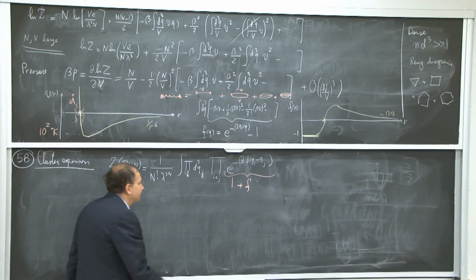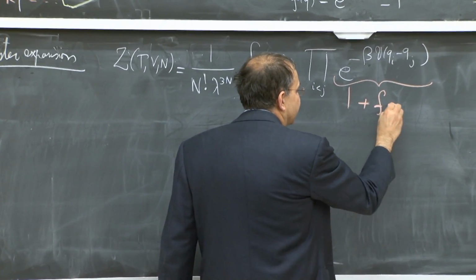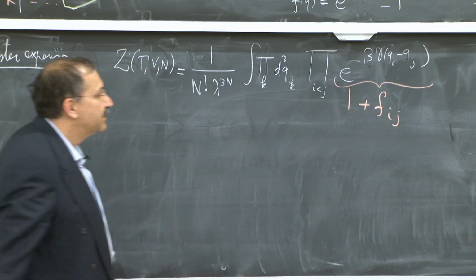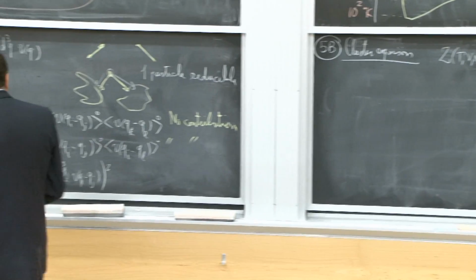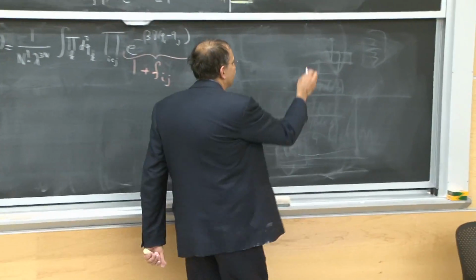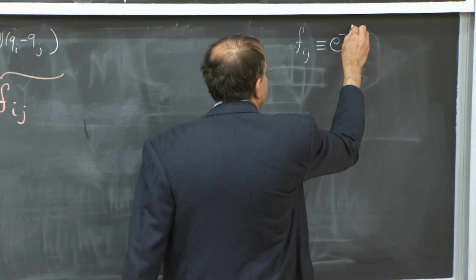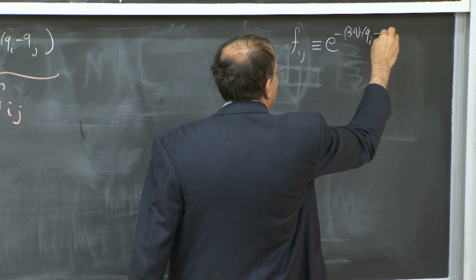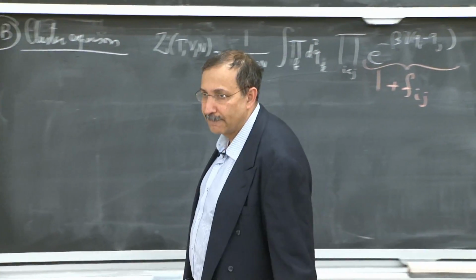And again, I can either write it as vf of qi minus qj, or simplify my notation and write it as fij. So fij means, so let me maybe write it here. Fij I have defined to be e to the minus beta v of qi minus qj minus 1. Okay?